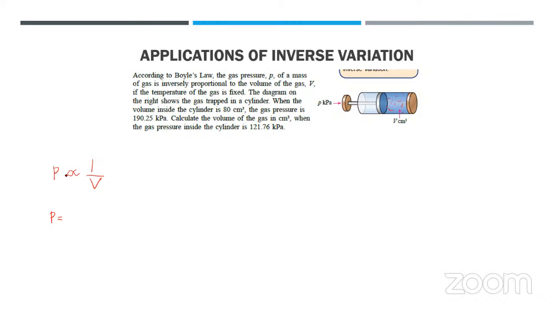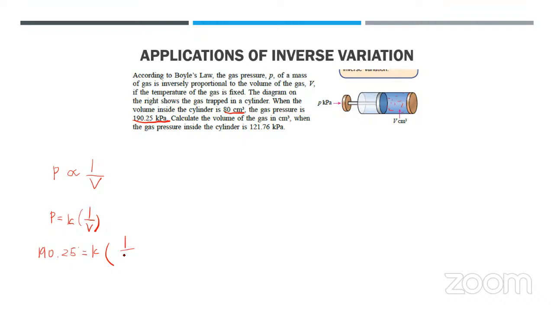So we can convert this into some constant multiplied by 1 over V. Now they gave us information on the volume and the pressure of the cylinder. So when the pressure is equal to 190.25 kilopascals, you keep K, the volume is equal to 80 centimeter cube.